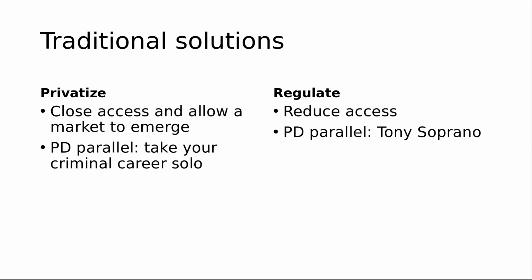So thinking about the Prisoner's Dilemma, regulation is like having a third-party authority impose a solution from the top down. So if me and Eli knock off a liquor store, but we have a boss, we know that if I rat on Eli, I'm not going to be in trouble with Eli. I'm going to be in trouble with Tony. So that is going to change the structure of the payoffs so that now it's not that I avoid punishment by ratting on Eli.